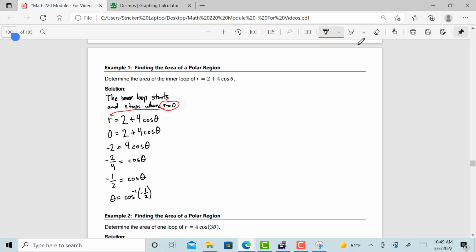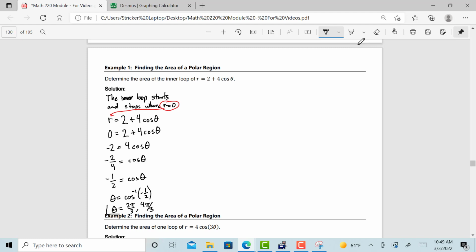Well, cosine is negative in the second and third quadrants, and the values of theta that we're going to have where you get negative 1/2 in those quadrants is going to be 2 pi over 3 and 4 pi over 3.